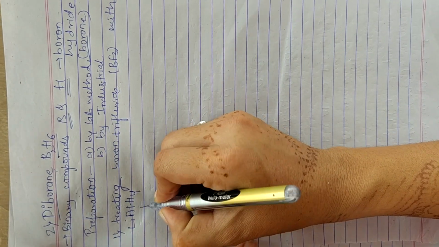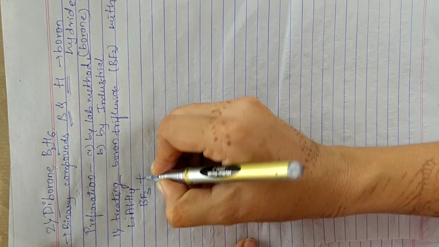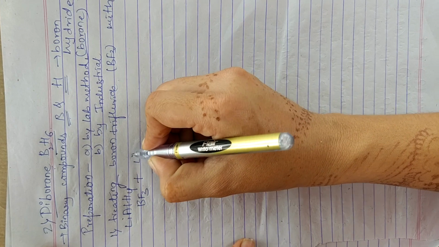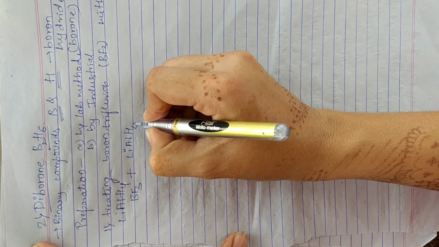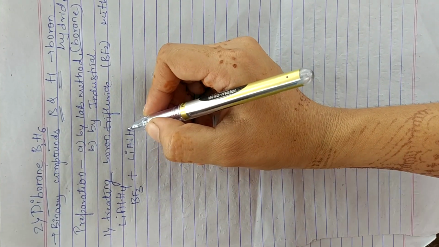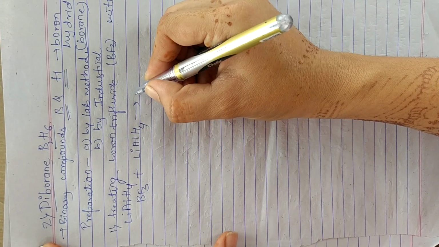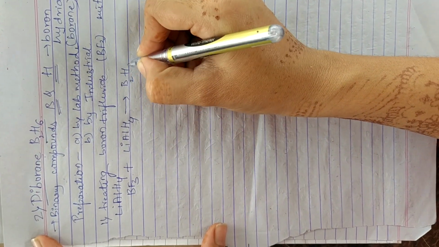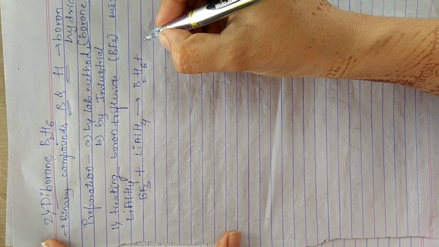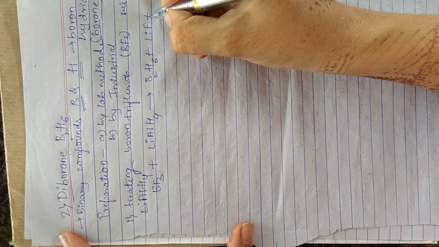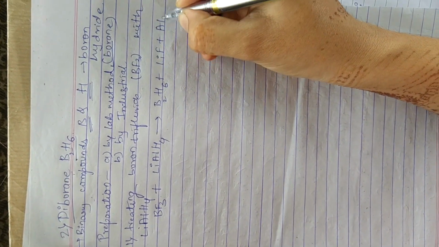In that, we take boron trifluoride. It is treated with lithium aluminium hydride, which will give diborane, that is B2H6, along with lithium fluoride as well as aluminium fluoride.